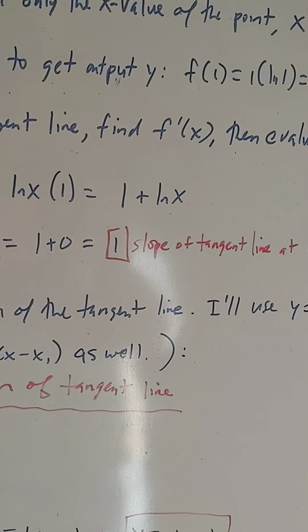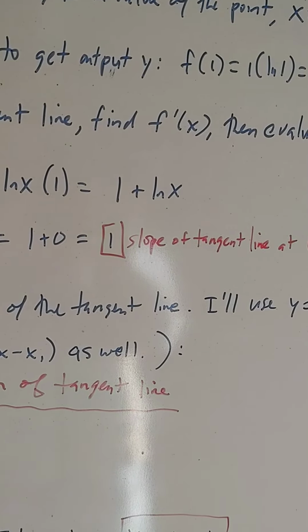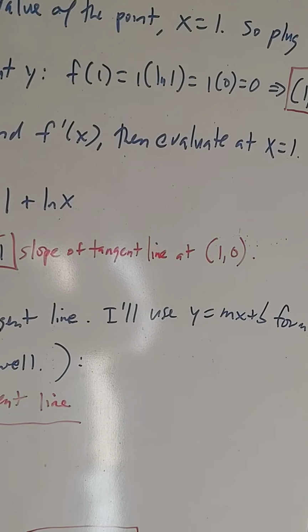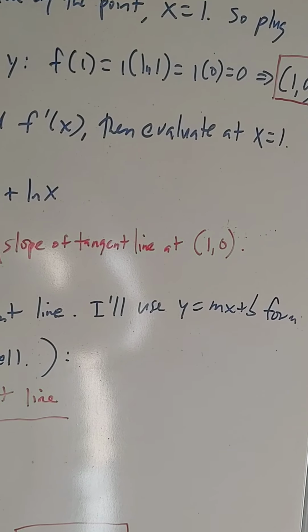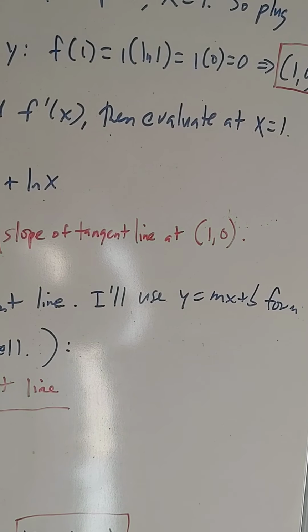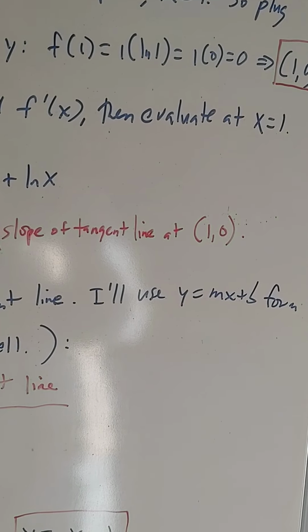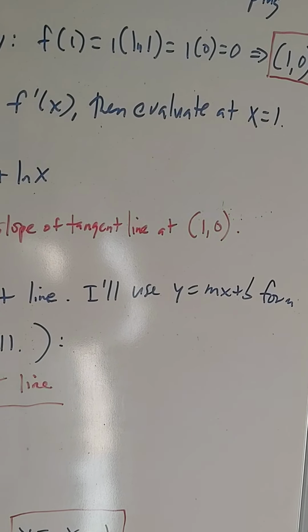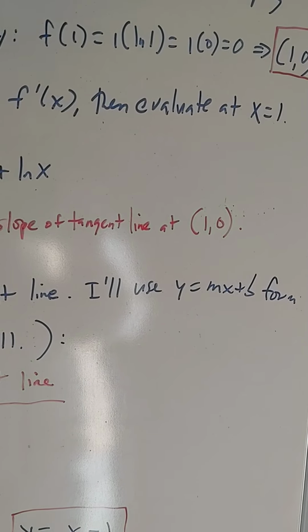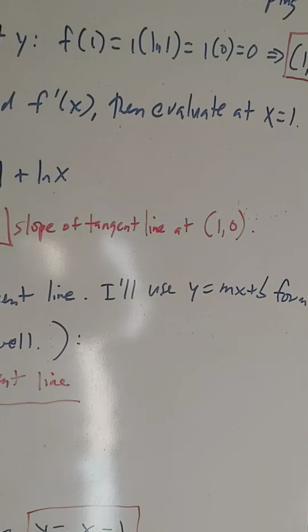F prime of x gives you slopes of tangent lines for any x. Once we get that derivative, we want to evaluate at x equals 1, because that will tell me the slope of the tangent line at x equals 1, which is what we want.